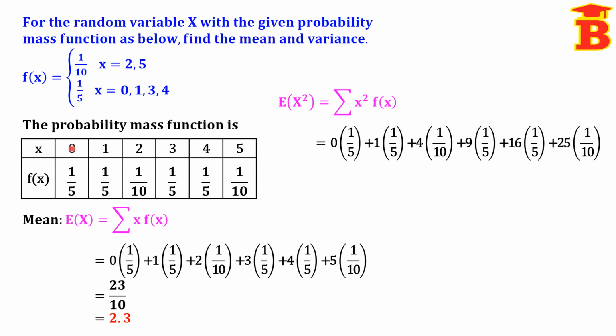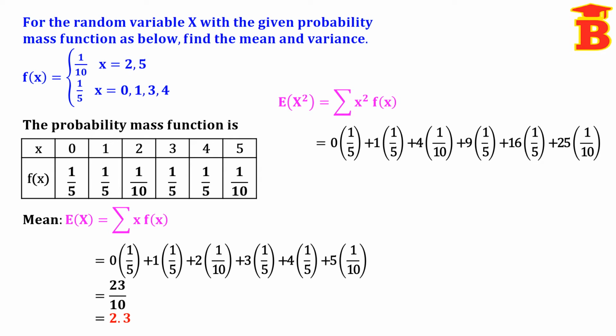That is 0 square 0 into 1 by 5 plus 1 square 1 into 1 by 5 plus 2 square 4 into 1 by 10 plus 3 square 9 into 1 by 5 plus 4 square 16 into 1 by 5 plus 5 square 25 into 1 by 10.